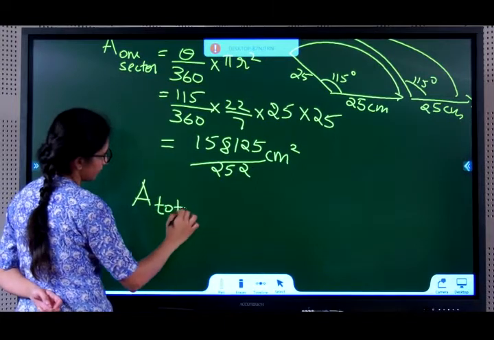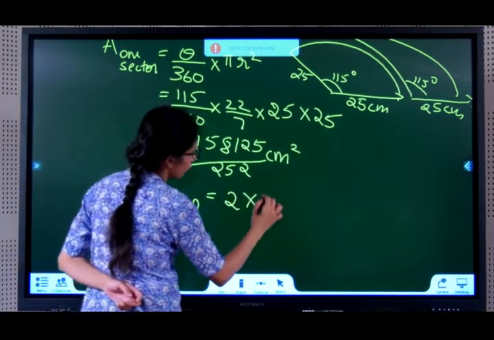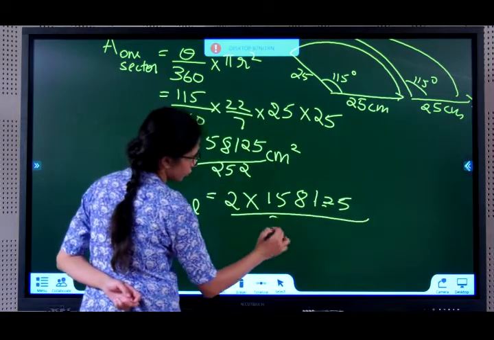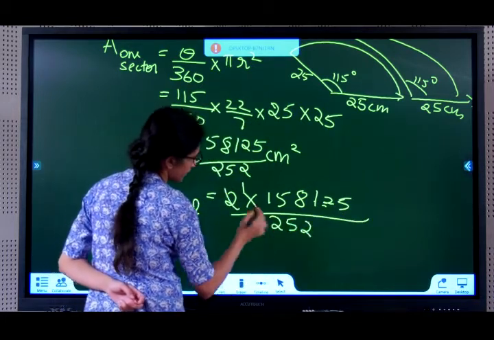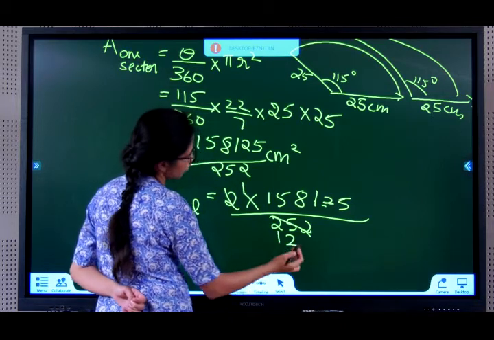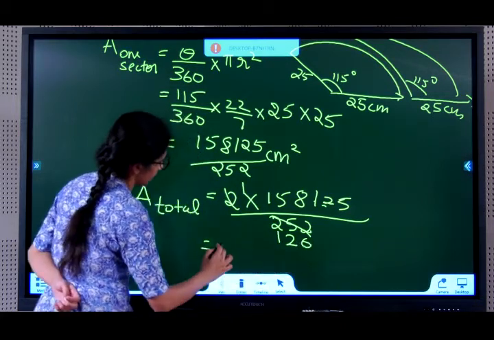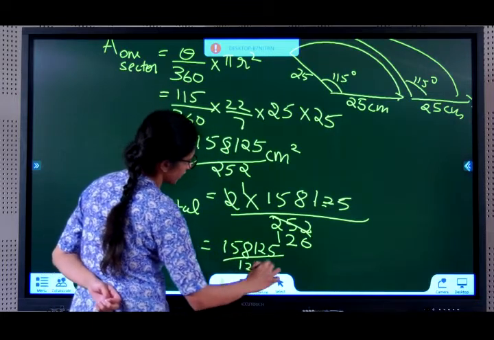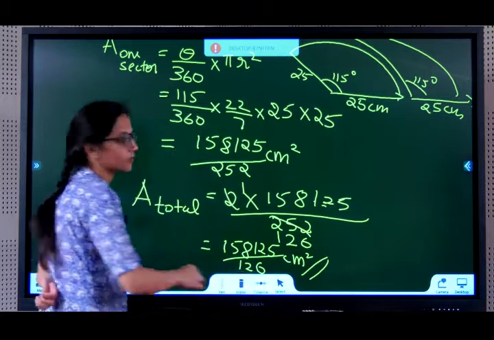Total area is 2 into 158125 by 252, which is 158125 by 126 centimeter square.